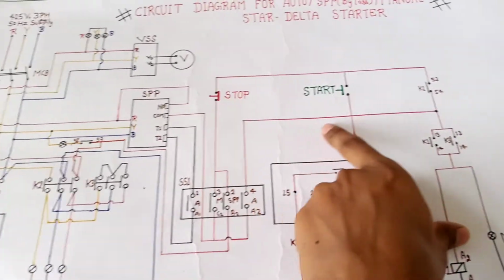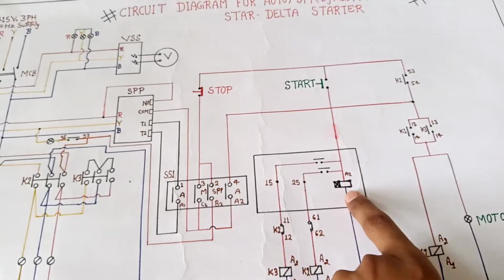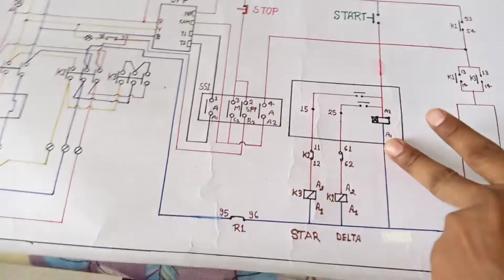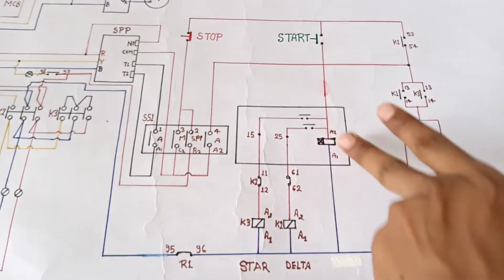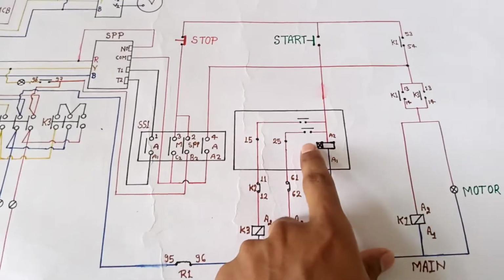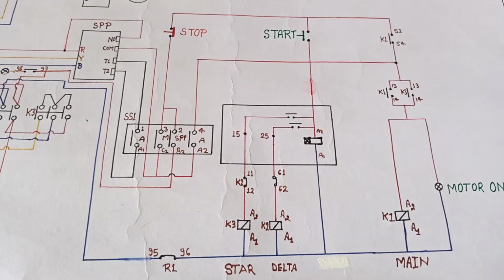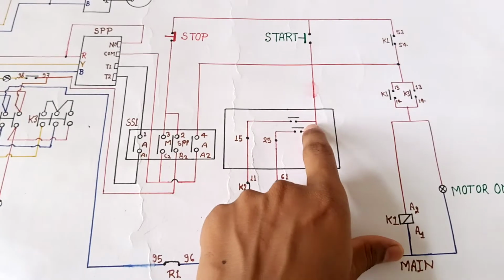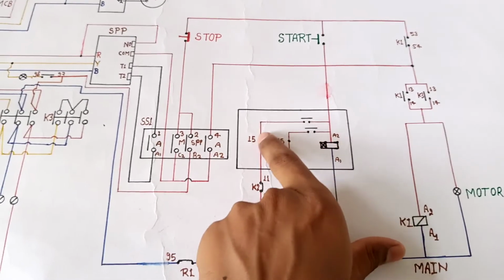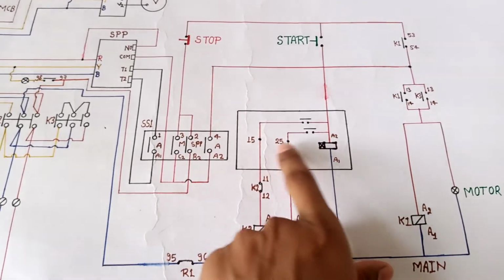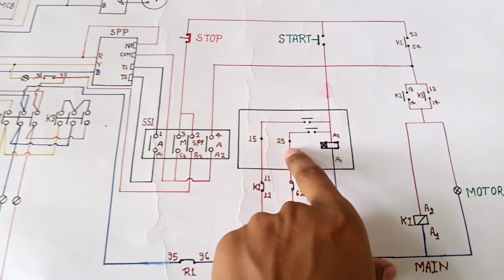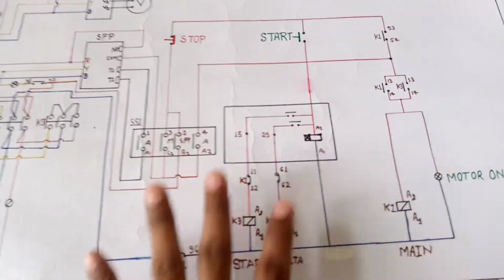Now our supply goes here, and also to the timer. The timer gets two phases and starts, and immediately outputs supply on the 15 number terminal. After the time completes, the 15 number terminal works the same as previously.